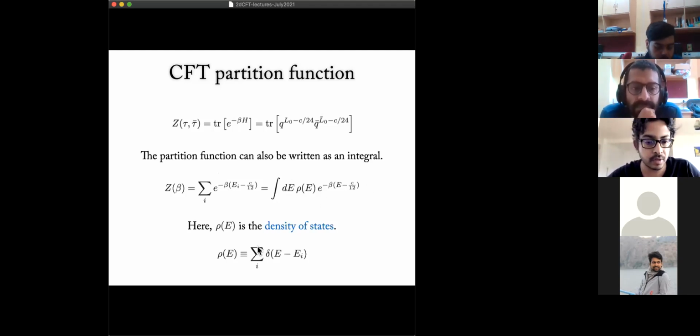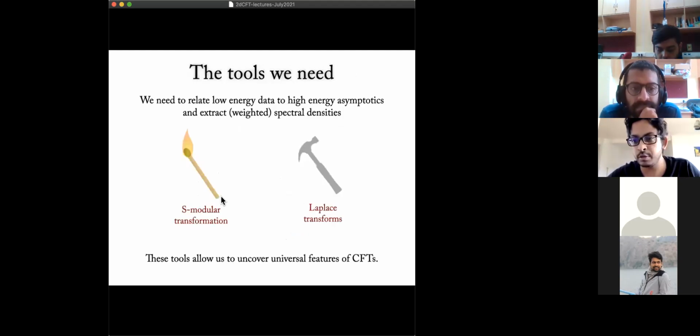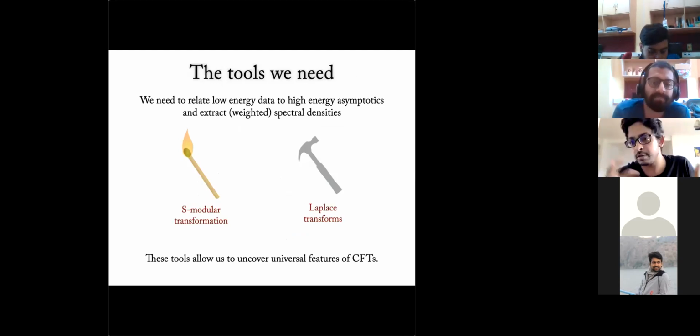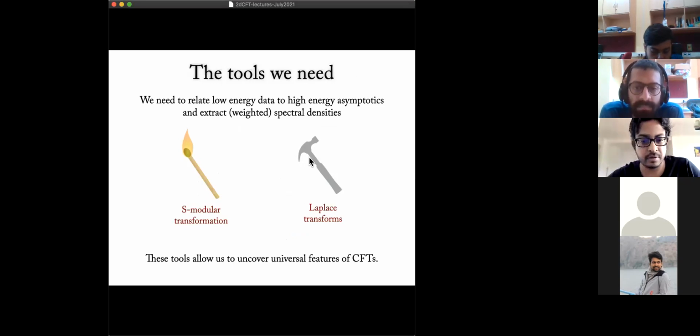This is this, and rho of E is nothing but this. So if you just plug this in over here, you get this back. Now, what you can do is to use the S modular transformation and usual Laplace transforms in order to get universal information about the spectrum of the CFT.